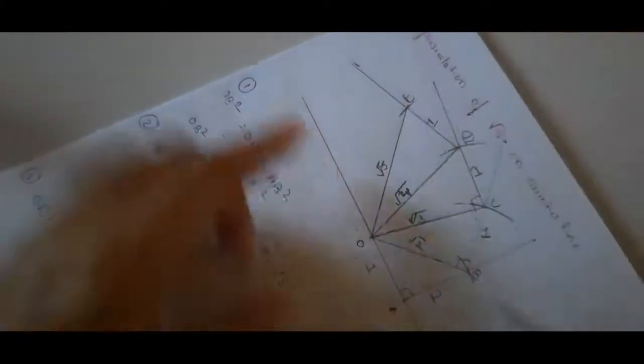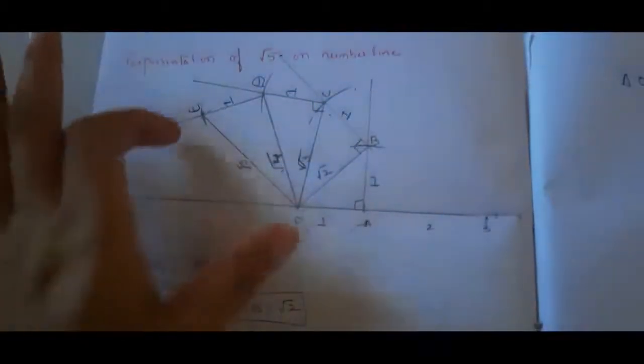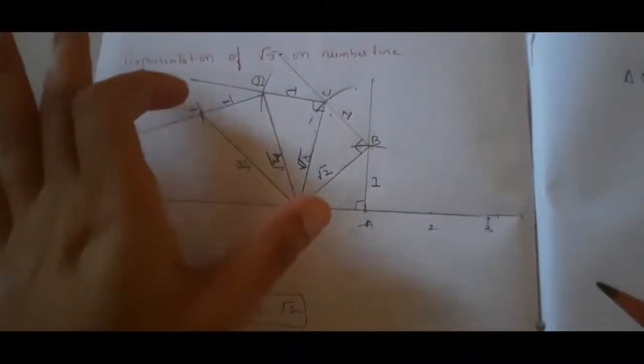Measuring this root 5 and marking on the number line. Keep it here. First measure it and draw from here. Mark this measurement on the number line. Root 5 is above the number line, so we have to measure this root 5 line and mark it on the number line.